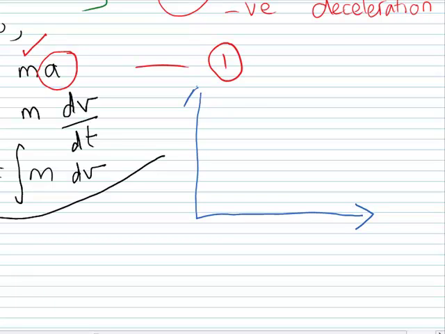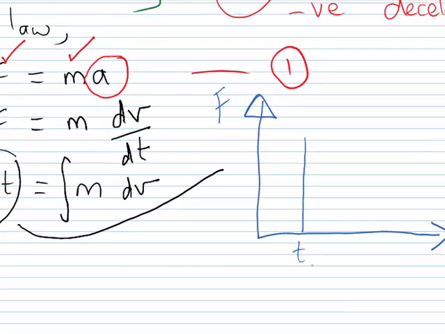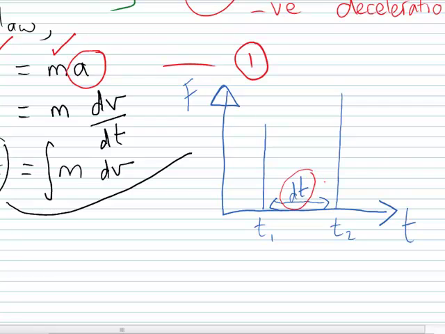If we know how this force is varying with time, then essentially that integral there, if this is t and this is f, and we know the force at t1, and we know what that force is at some small time interval later, dt, and this dt here is actually the dt that gets set right at the start of the program. It's the size of the time step in the numerical scheme.